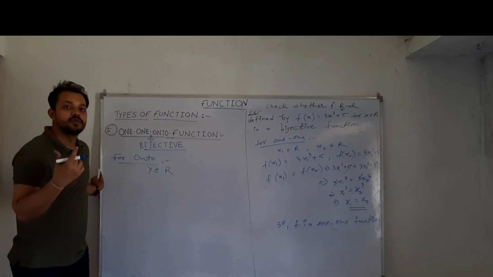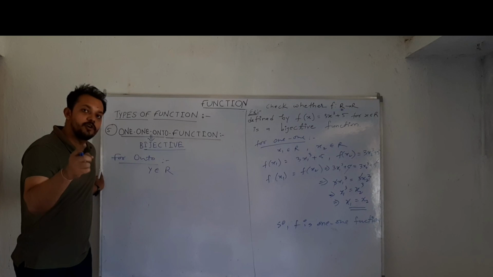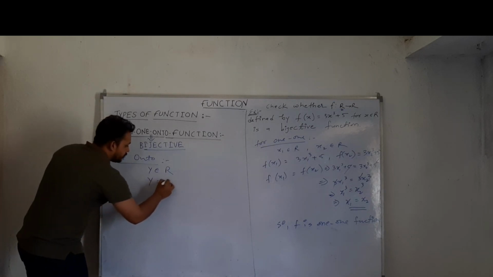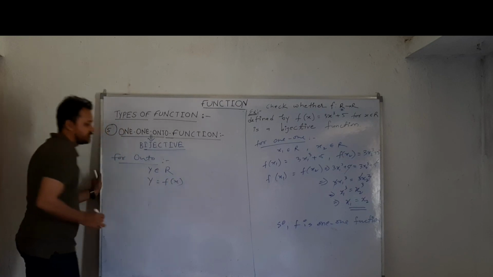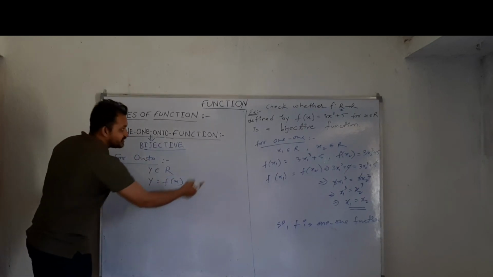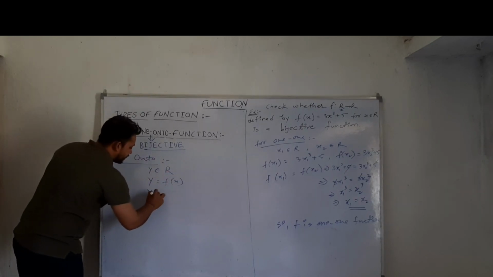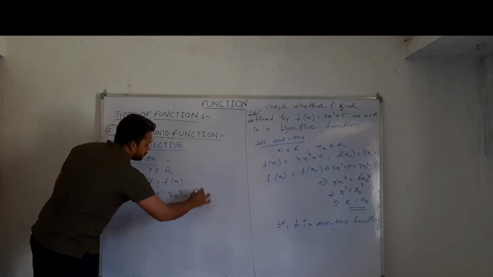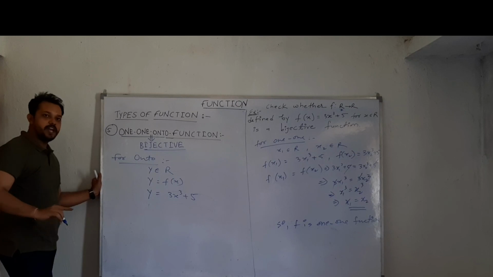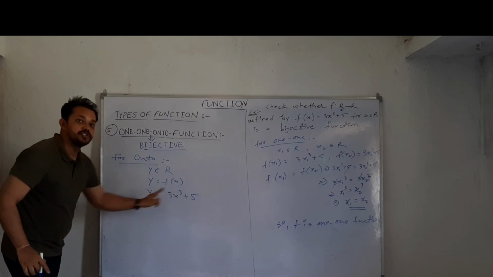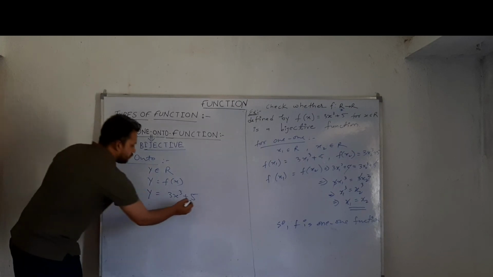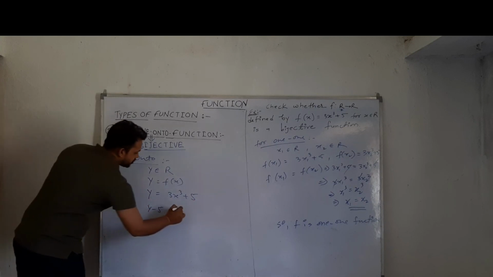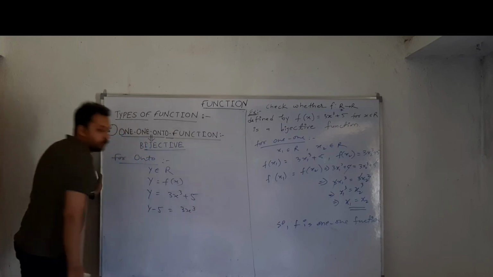If y belongs to the codomain and every element of the codomain is an image, that means y is equal to f of x, and this f of x is equal to 3x cube plus 5. Now we have to write x in terms of y. When we transpose 5 to this side, it becomes y minus 5 is equal to 3x cube.